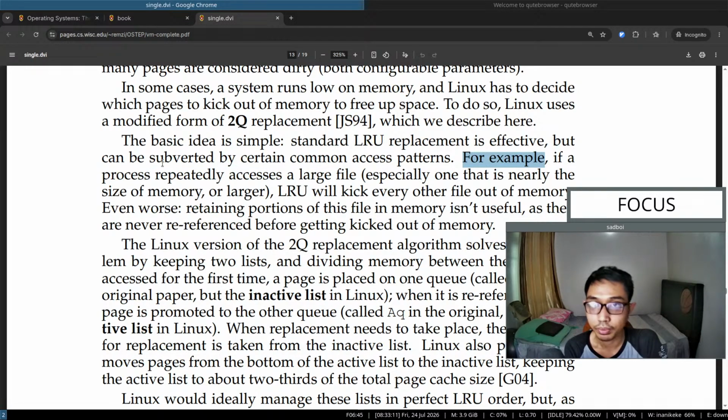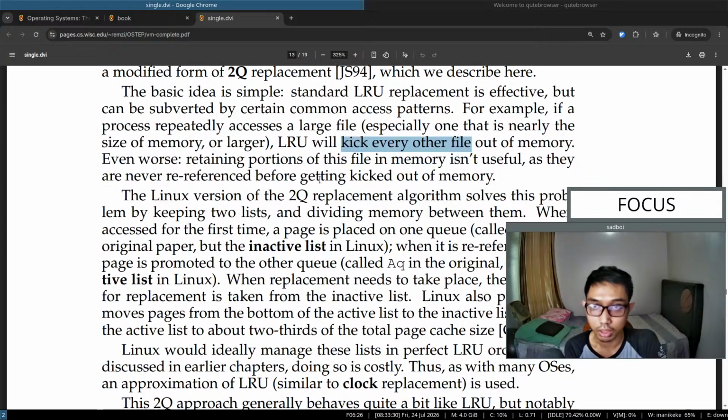For example, if a process repeatedly accesses a large file, especially one that is nearly the size of memory or larger, least recently used will kick every other file out of memory. Even worse, retaining portions of this file in memory isn't useful as they are never referenced before getting kicked out of memory.